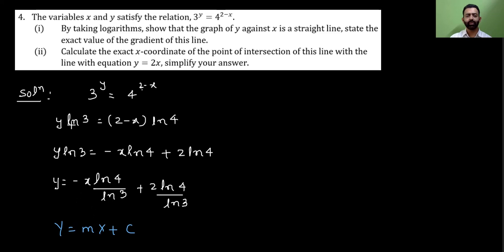Since ln 4 upon ln 3 is a constant, because log 4 is one value and log 3 is another value, it is a constant. And twice of log 4 upon log 3 is again another constant. I'm writing this constant as c, and the coefficient of x is your m, that means the slope of the straight line. So I can prove that this is an equation of a straight line, right?